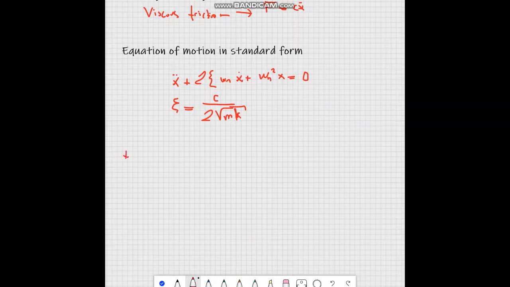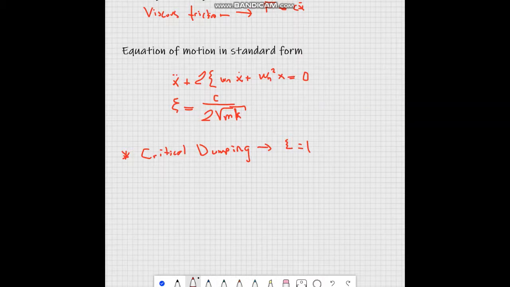So we have different kinds of damping. The first one is critical damping, which is psi equal to 1.